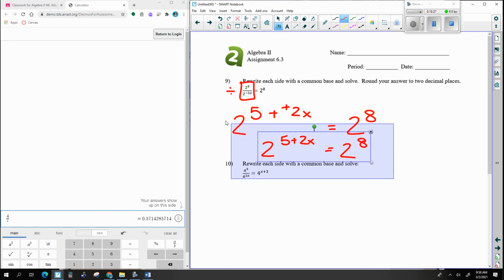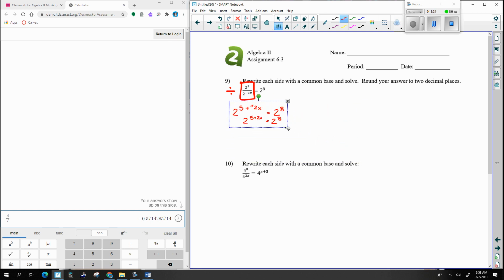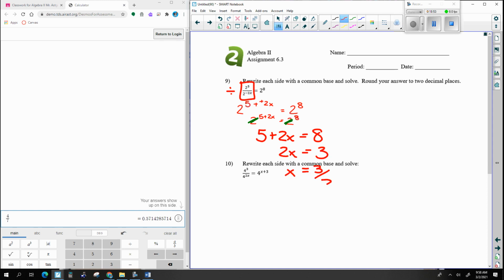Just like multiplication was addition, division is subtraction. Top minus the bottom. Okay, bases are 2. They cancel, leaving us with our math problem. Subtract 5 from both sides. Divide by 2. Round your answer. This is 1.5.